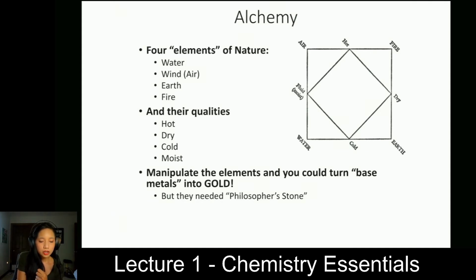Essentially what they believed is if you combined two of the qualities on either side, hot and dry, you will get fire. If you combine hot and moist, then you'll get air. If you combine moist and cold, you get water, and if you combine cold and dry, you get earth. Now, if you wanted to change a substance that had a fire element to an air element, what they believed is all you had to do was change its hotness.